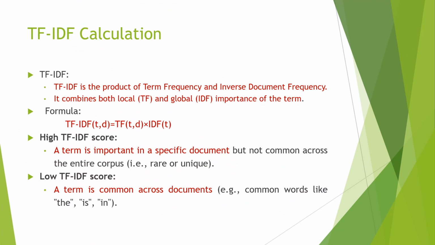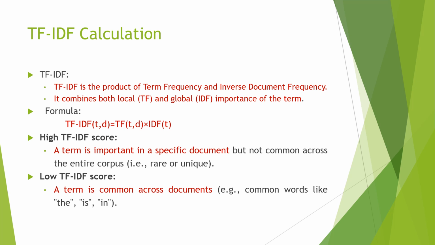Now let's consider the formula for calculating TF-IDF. We multiply these two for a given document. We consider how many times a word appears in the document, and the inverse document frequency considers how common the term is across the documents in the corpus.